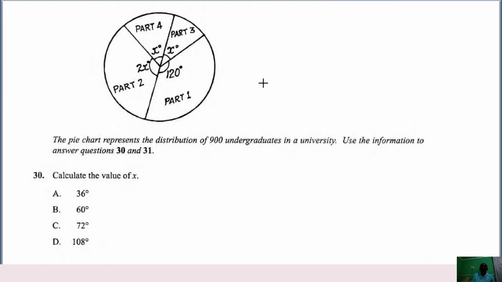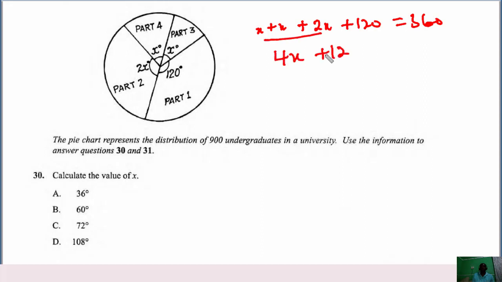So question 30, we have to find the value of x in the pie chart. So we start x plus 2x plus 120 should give us 360. So we will get 4x plus 120 is equal to 360.